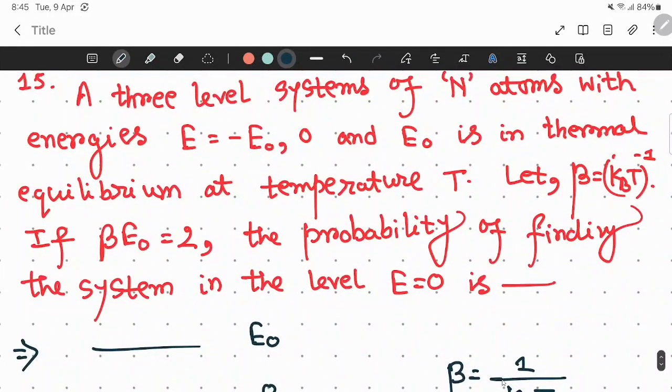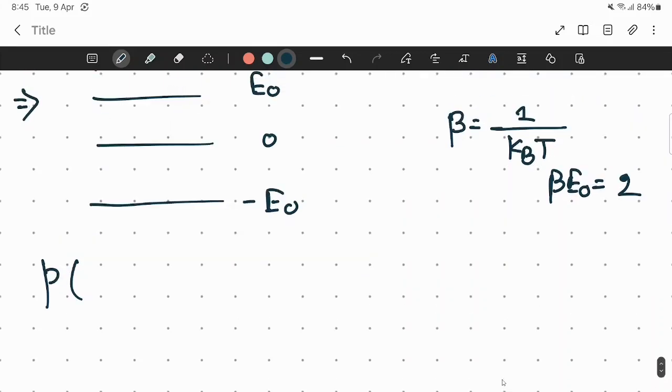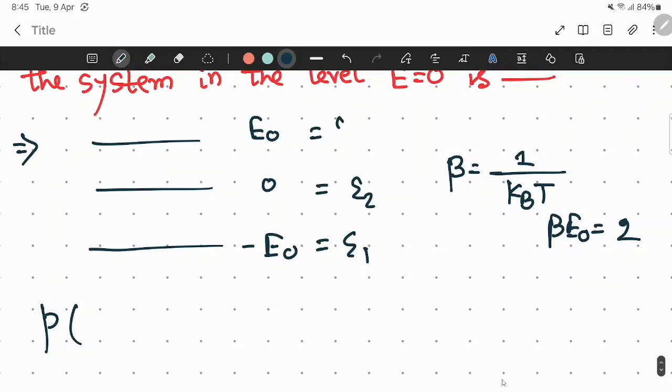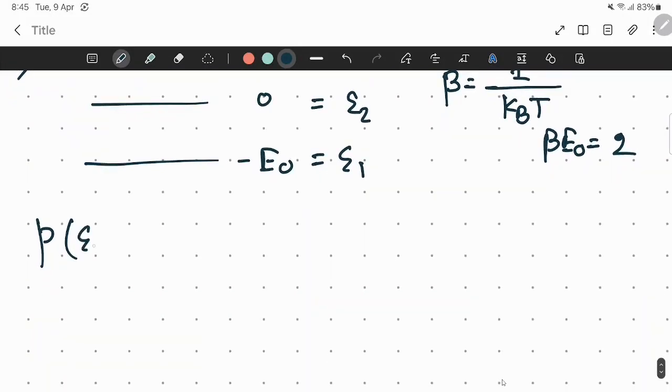Okay, now the probability of finding. What will be the probability of finding of energy level? This is let's say epsilon 1, epsilon 2, epsilon 3. Okay, so we have to find out the probability of epsilon 2, is P2.